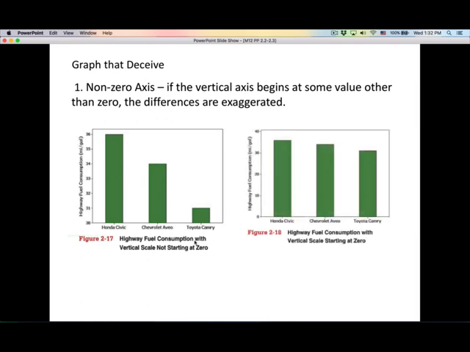Let's try it again. See, we started from 0 now, and when you look at the graph, the Honda Civic and the Toyota Camry have just a little difference. So the first graph here we call misleading, because the vertical axis begins at some value other than 0.